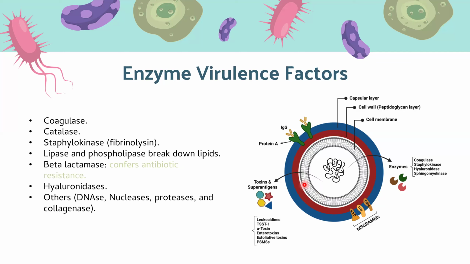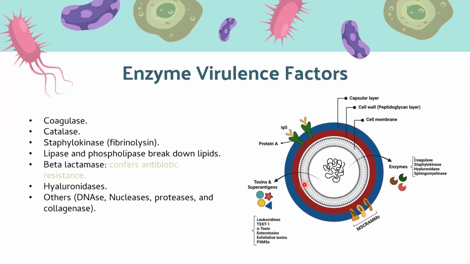But would you believe me if I told you that there are certain places within the body where Staph aureus is normal? And that is particularly within the nasopharynx, okay? Now, this isn't something that you're going to see very, very often, but it colonizes the nasopharynx, and it will not cause a disease. So it's not necessarily normal, but it's not going to cause any harm within the nasopharynx. Because it's an opportunistic bacteria, if it were to get the chance to go anywhere else in the body, then it's going to absolutely cause some kind of disease.